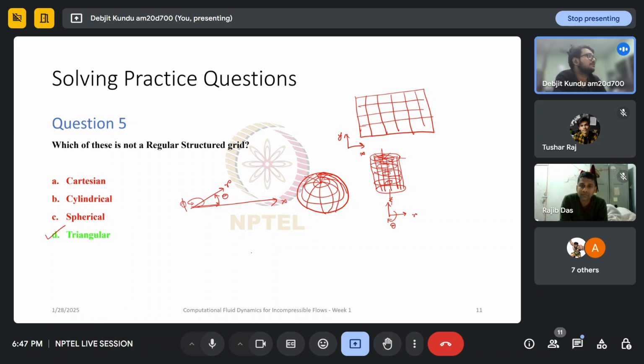Now triangular grids are very commonly used for making irregular geometry. So let's say I have a weird geometry like this, and I want to discretize it. Making it Cartesian, cylindrical, or spherical would be very difficult. But triangles allow us to smoothen out edges. So let's say I zoom out on this bit.